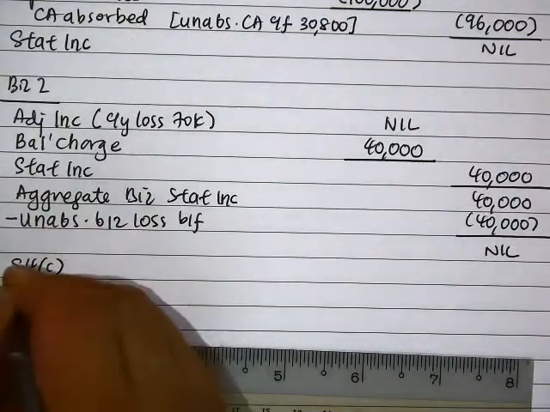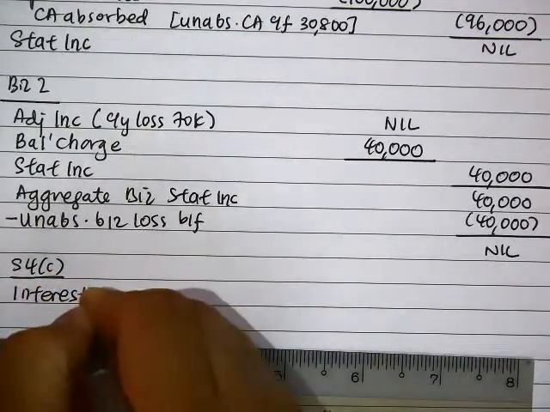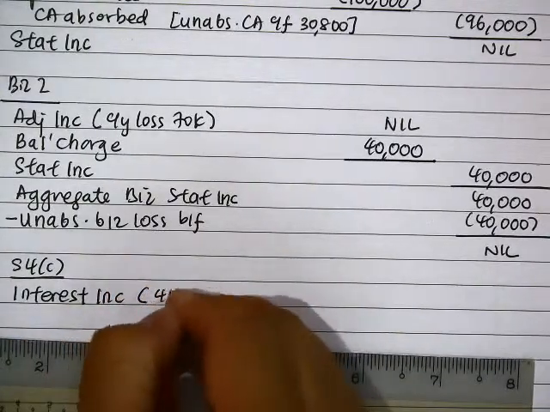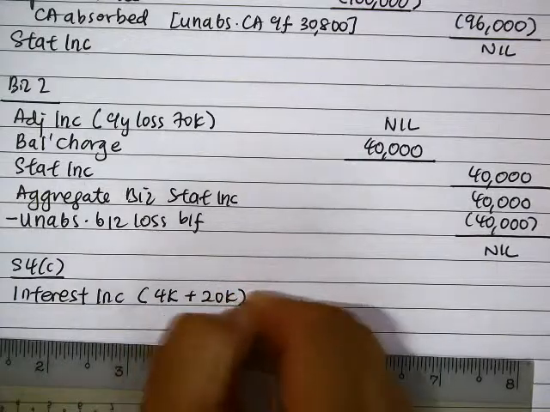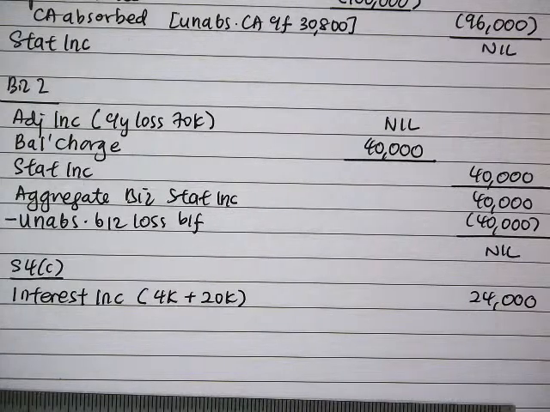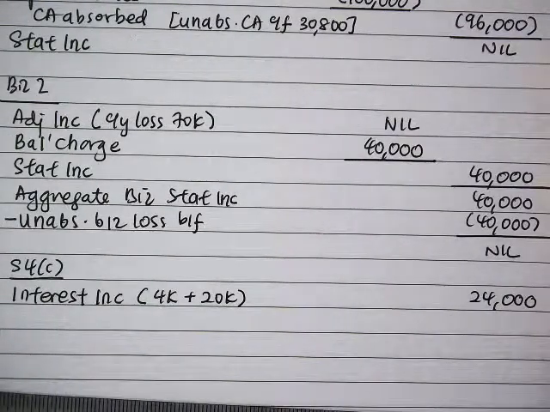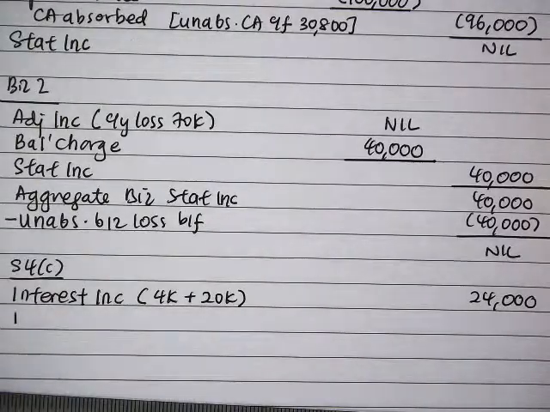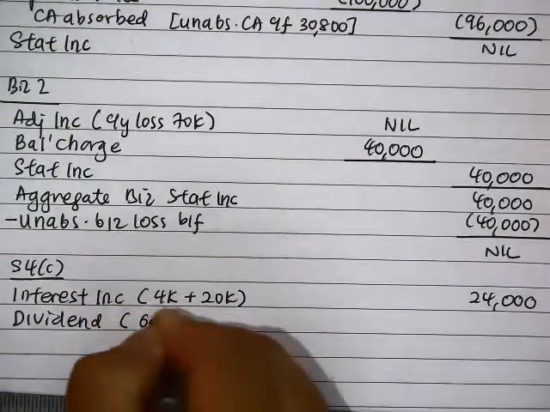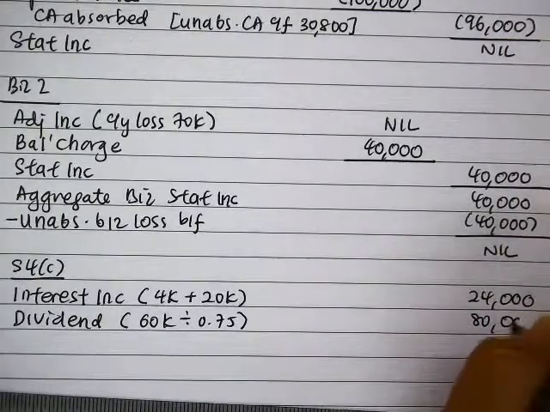Now the investment income we have here. Okay, interest is income under 4C. Now your interest will be the 4,000 plus the 20. Okay, 4 plus 20. Now the dividend will be 60 divided 0.75. That's 80,000.